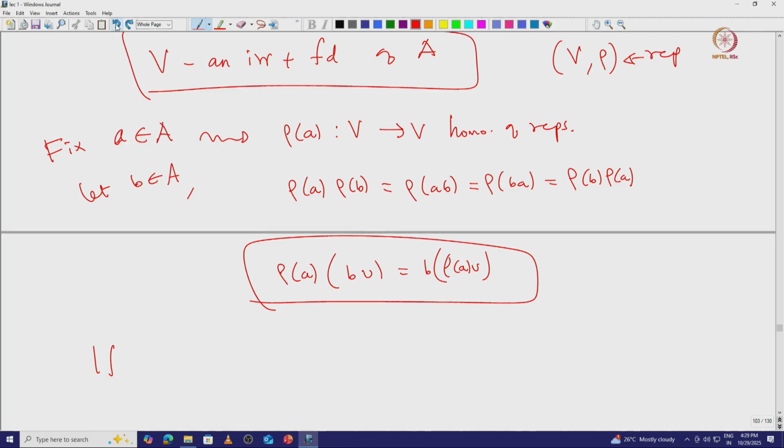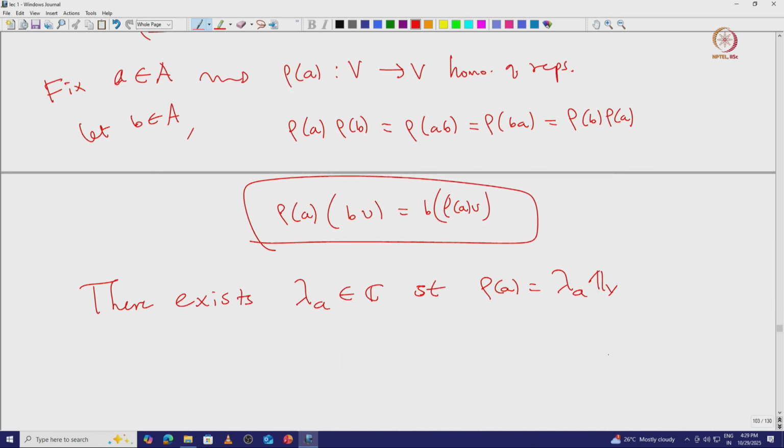So, using Schur's lemma, there exists lambda_a in C such that rho of a is given by lambda_a times identity on V. That means the maps we have from A to End(V) are all just scalar maps: a goes to lambda_a times 1_V.